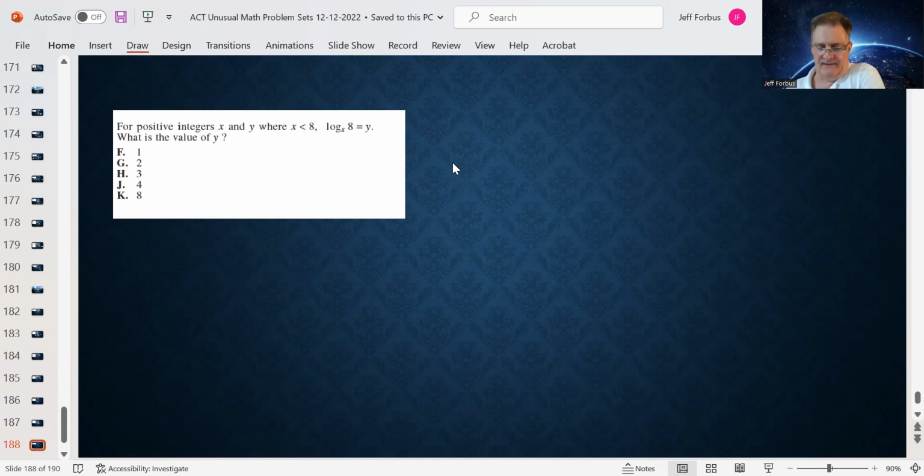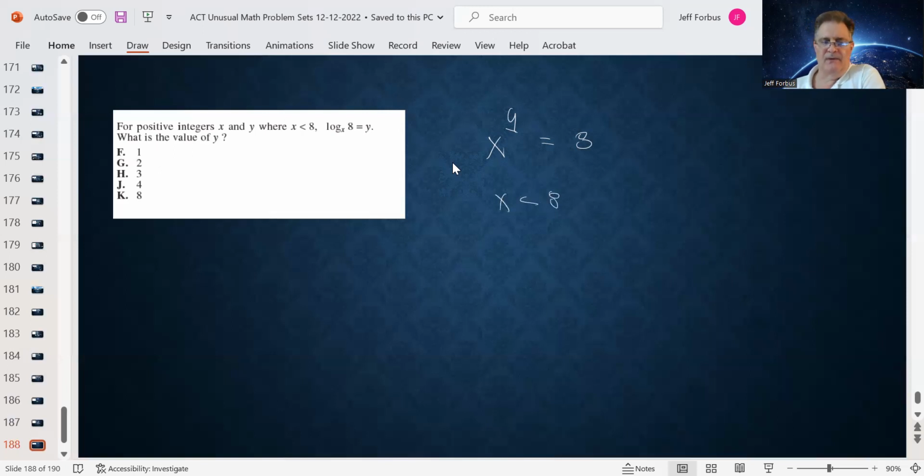We want to know what y is. Okay, let's rewrite this as an exponential. So we're going to say x raised to the y power is equal to 8.